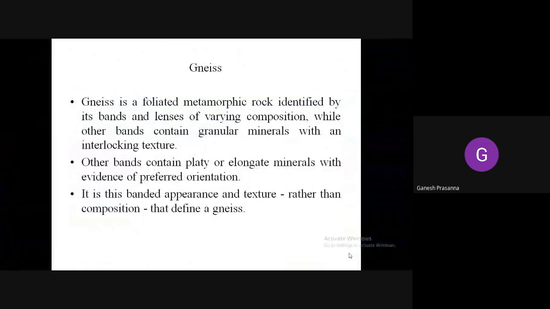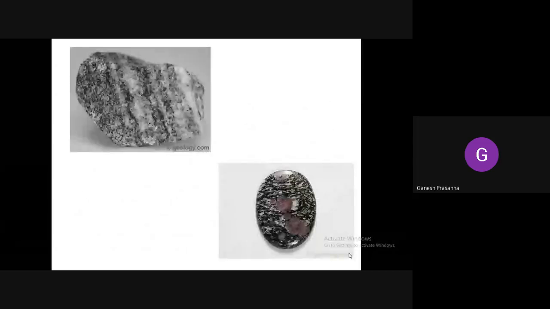Right. So you can see this, usually it is found in this way: alternate layers of dark and light colored minerals. These alternate dark and light colored minerals are usually found in gneisses only, not in any other rocks.